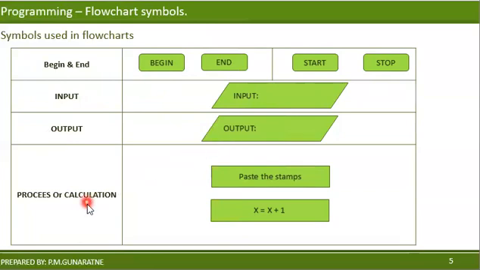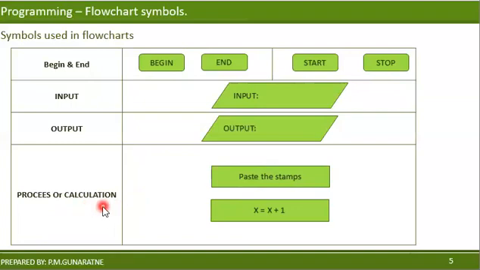Okay. When it comes to a process or a calculation, a process is normally defined by a verb and a calculation is a mathematical calculation, right? Let's take preparing a letter. We have to paste the stamps on the envelope. That is a verb, that is a work that we have to do. So we can represent it using a rectangle because that is a process. It's a verbal thing, right?